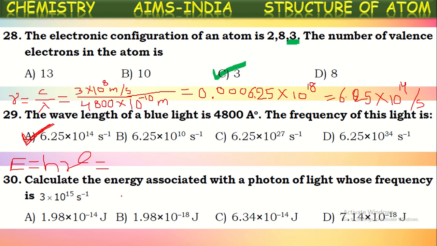So if you substitute these values, h is a constant whose value is equal to 6.625 into 10 to the power of minus 34 joule second. And the frequency is already given here as 3 into 10 to the power of 15. We substitute this value here.